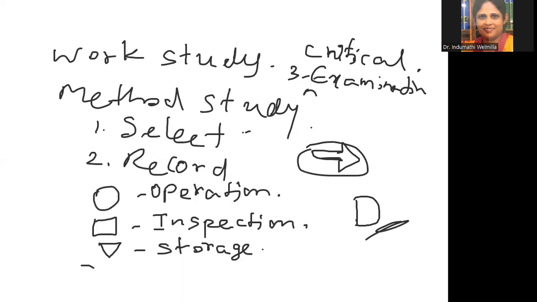As an example, we ask what is being done, why is it being done, what else can be done, what should be done? When we ask this type of question, we can understand the purpose. And another question like, where is it being done?